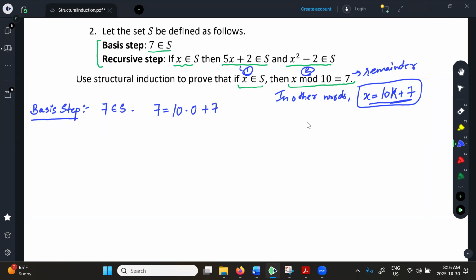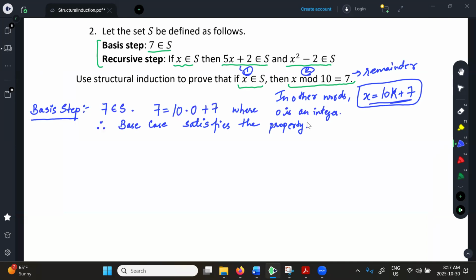So 7 can be expressed in the desired form, where 0 is an integer. Therefore, the base case satisfies the desired property, which is that we want the element to be in this form. Good, this is done. Just explicitly write it out in the proof paper and you're done.